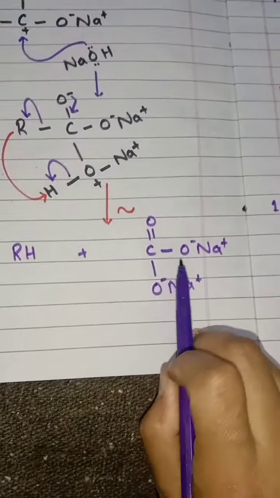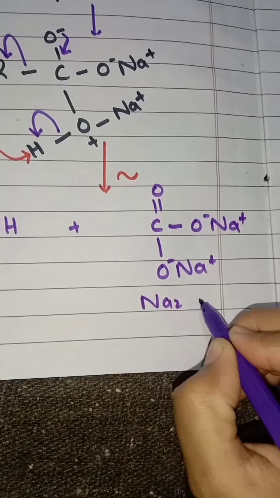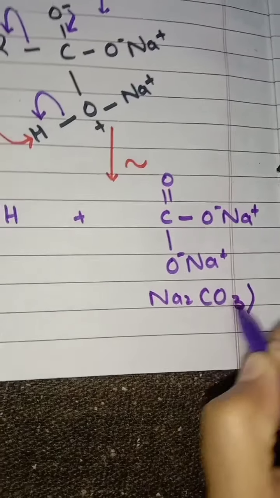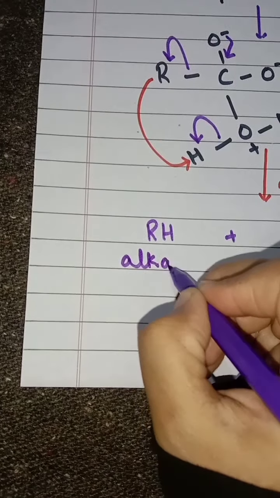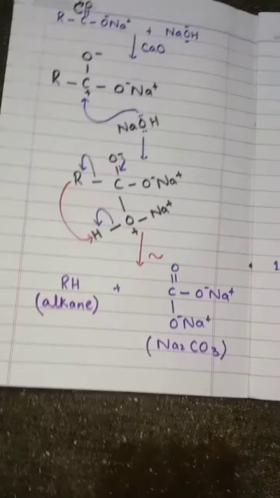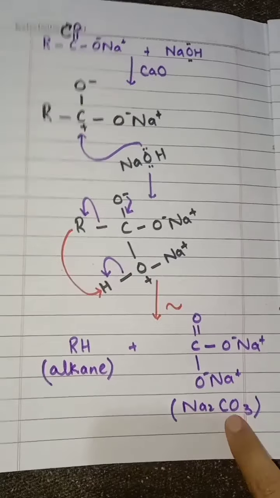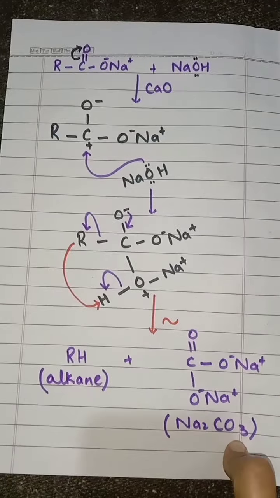This is Na2CO3, that is sodium carbonate, and here this is the alkane. So this is the end product: alkane and sodium carbonate.